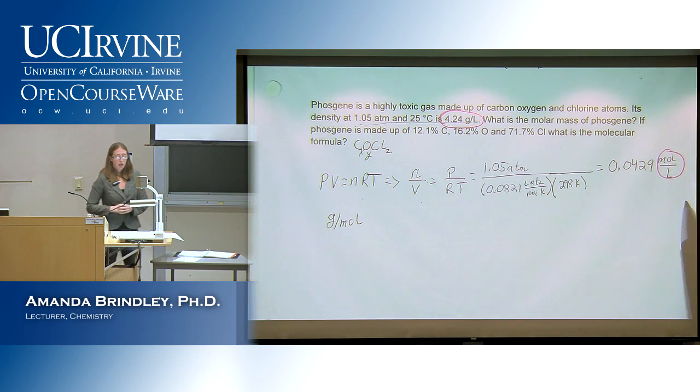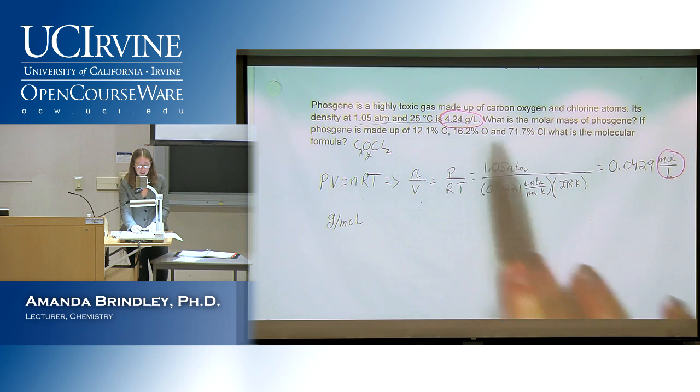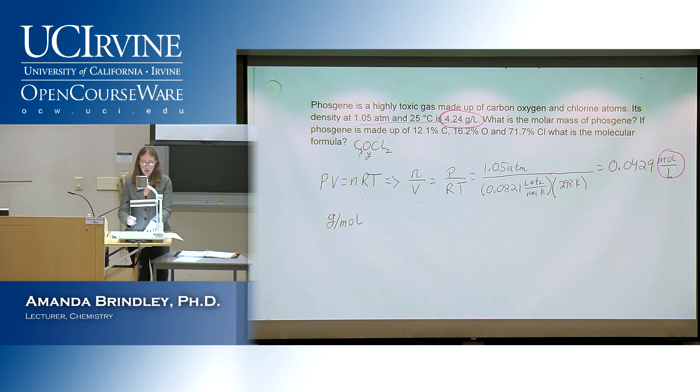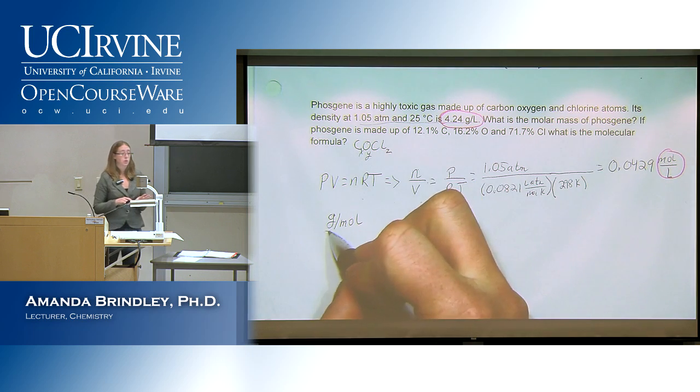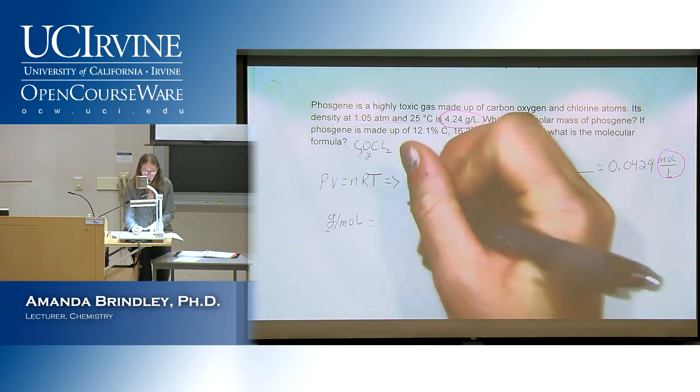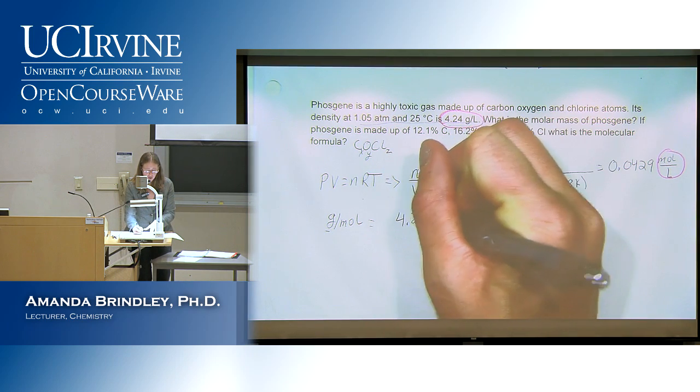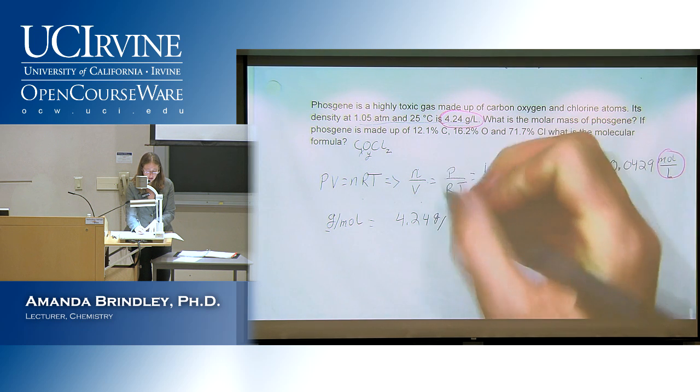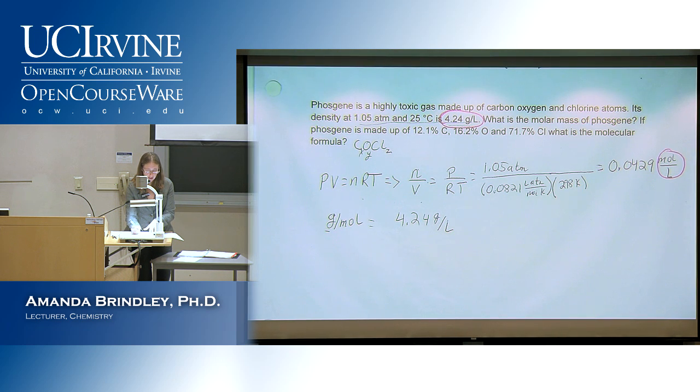Okay, so we have these two things that we know are true, this grams per liter and this moles per liter. We want grams on top, right? So we need to play around with units to make this work. Well, I want grams on top, so I'm going to put the 4.24 on top right away before I really have to do too much thinking about it. Okay? Now I want moles on the bottom.